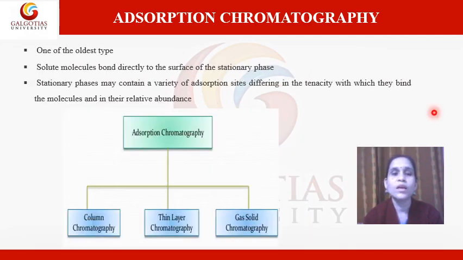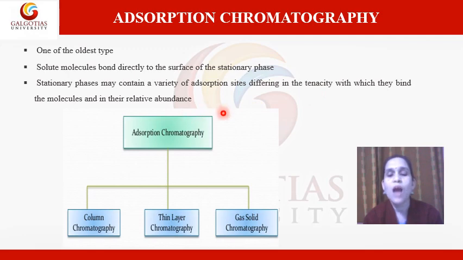Then what is the main importance of adsorption chromatography? It is one of the oldest types of chromatography. Here the solute molecules bond directly to the surface of the stationary phase. The stationary phase may contain a variety of adsorption sites, depending on the tendency with which they bind the molecules and their relative abundance.